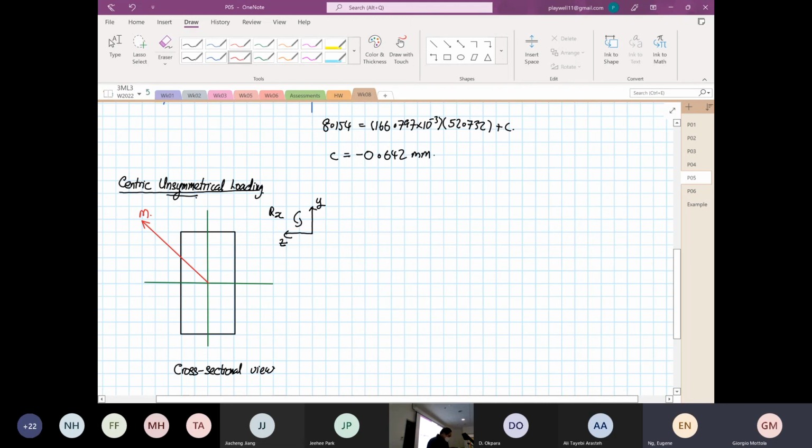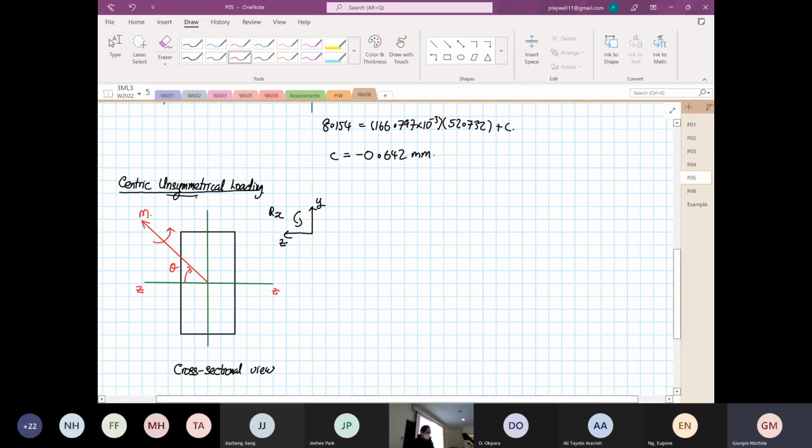So the moment is tilted at a certain angle, theta. And it's tilted from the what? From the z-axis. So it's tilted a certain degree theta, and that's where the moment is applied. So when you use the right hand rule, the moment is doing this.